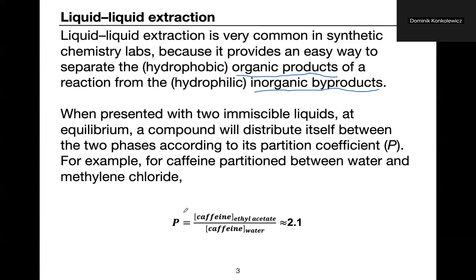So you do a liquid-liquid extraction with, say, 25 milliliters of ethyl acetate, collect that ethyl acetate, and then present it with a new pure portion of ethyl acetate, do the liquid-liquid extraction, collect the ethyl acetate, and repeat again. That's actually a bit more efficient than if we were to do one extraction with 75, or the full amount of organic solvent. So that's just a little procedural thing.